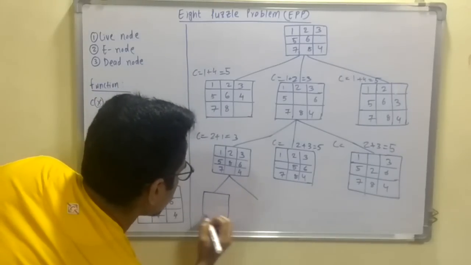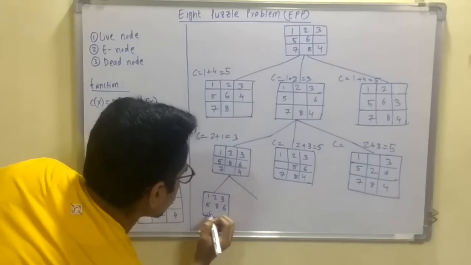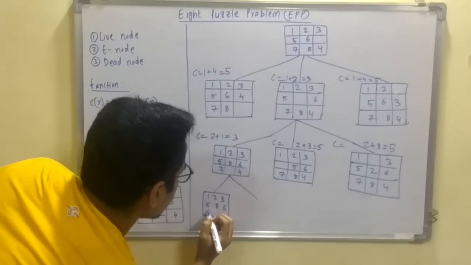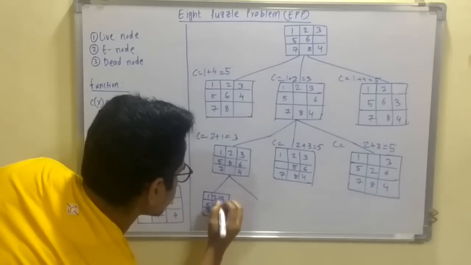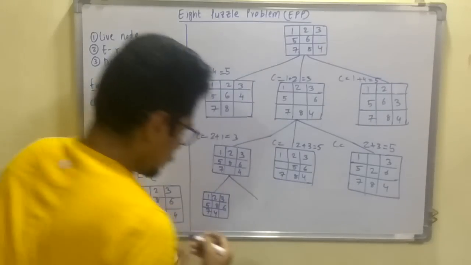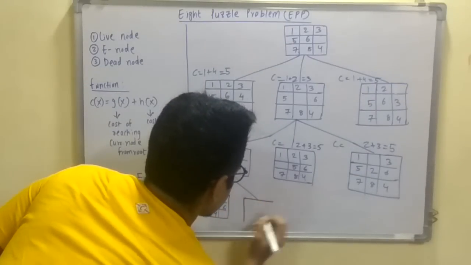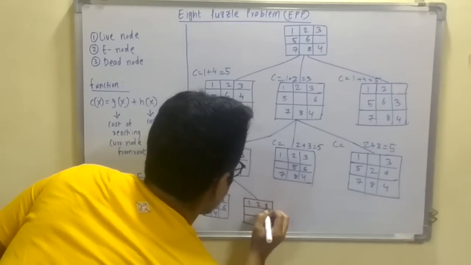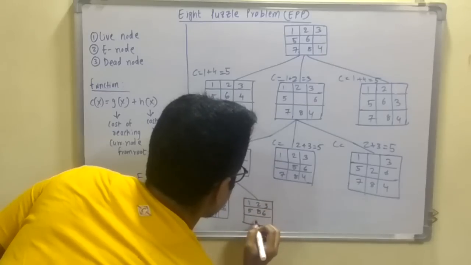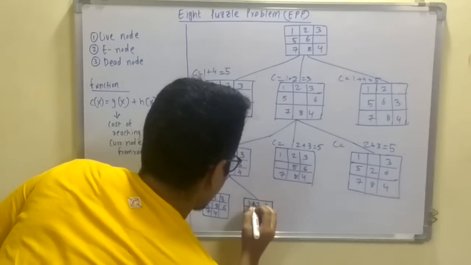So first we'll move 1, 2, 3 and 5, 8, 6, and just we'll move the 7 and 4 here, and now this will be our final answer to this, that is we'll be moving 1, 2, 3, 5, 8, 6 and a blank here at the first position, and 7, 4.